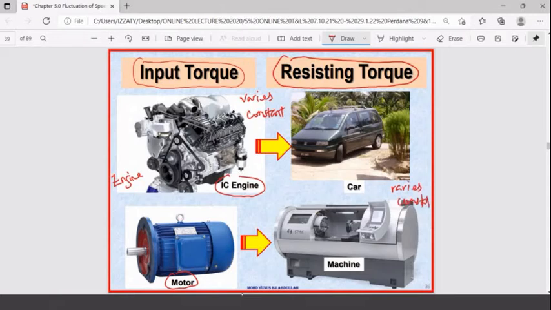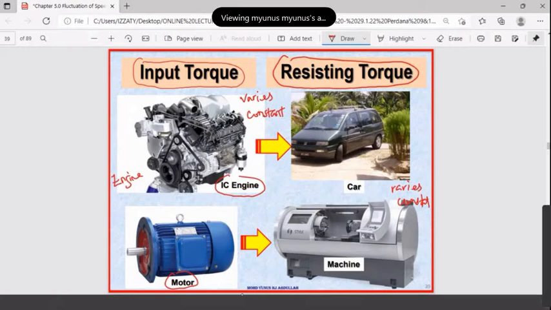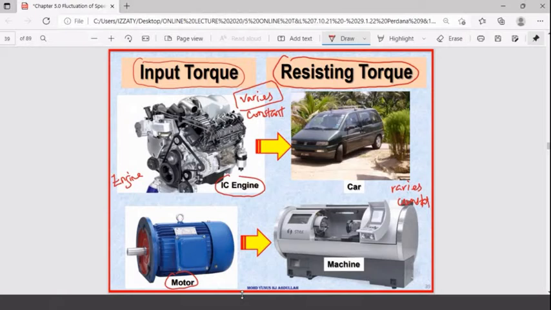And I did explain that the engine typically gives you a variable input torque to engage gear 1, gear 2, gear 3, gear 4, and 5, and so on, to make the vehicle move. As you engage gears, the torque varies. So there is a fluctuation of input torque, isn't it?